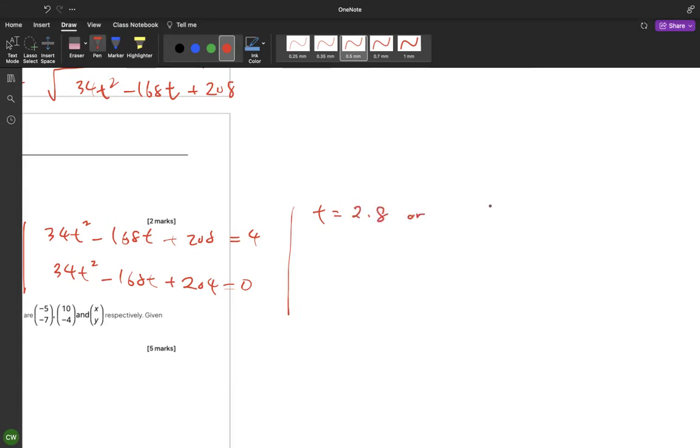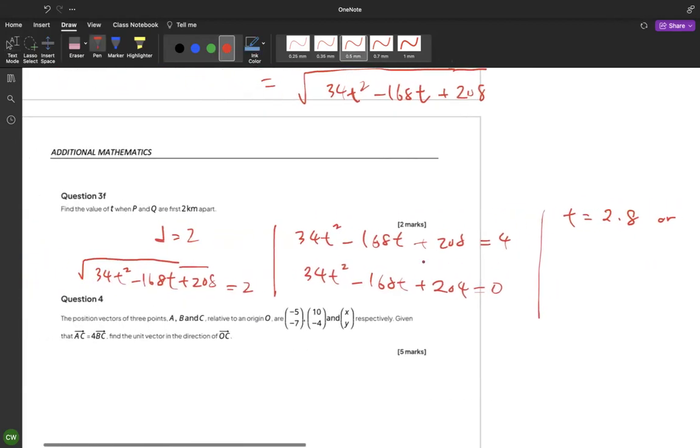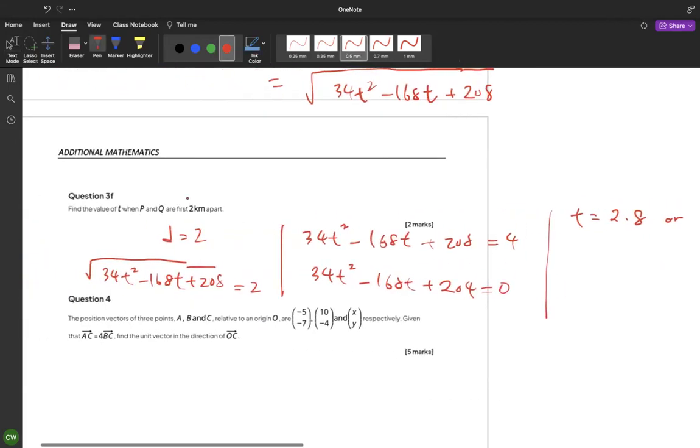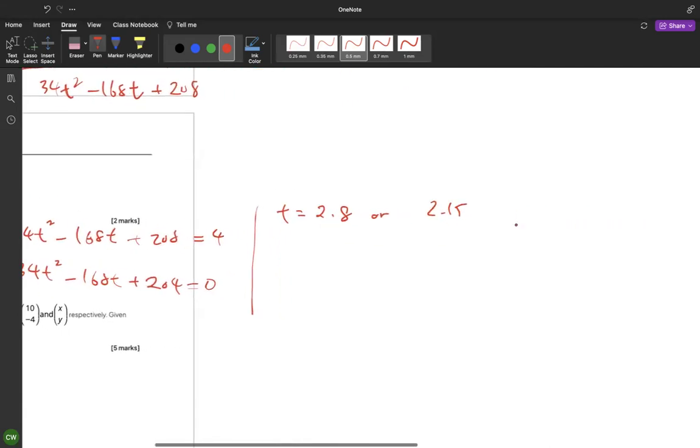And one more? Okay. So which one is the answer? They say first. This one first. So this one not applicable. 2.15. So the answer is 2.15 seconds later.